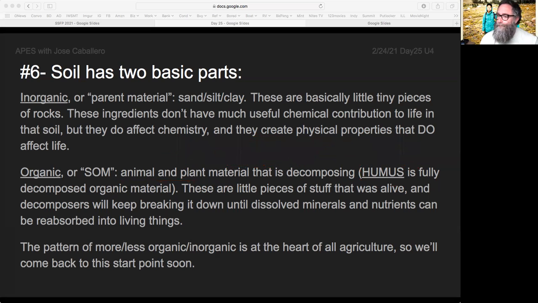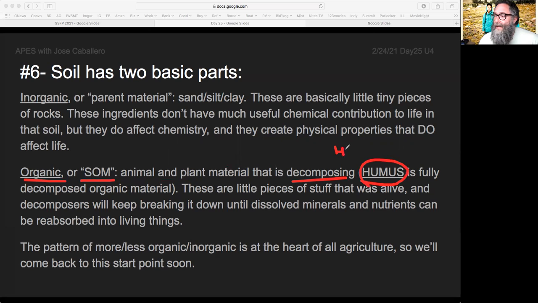Anyway, the organic material, or soil organic material, is decomposing animal and plant parts: little pieces of a leaf, little pieces of a feather, skin cells, hair, whatever, bone. And when it's fully decomposed, when it's gotten about as small as it can, we call that humus.